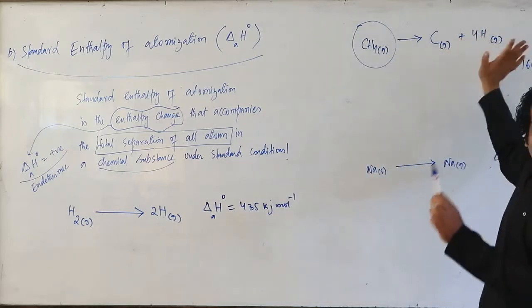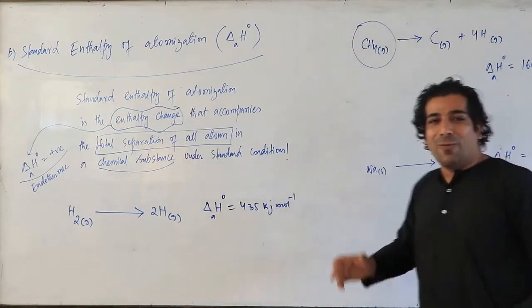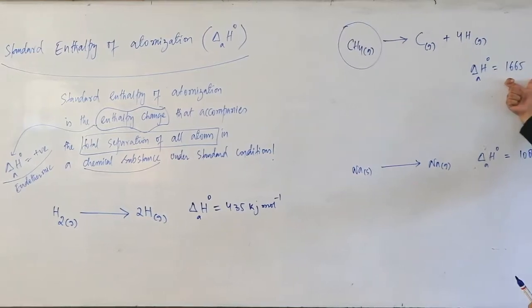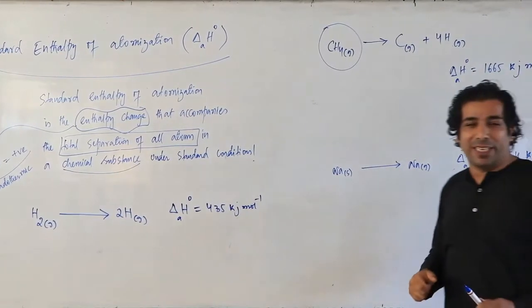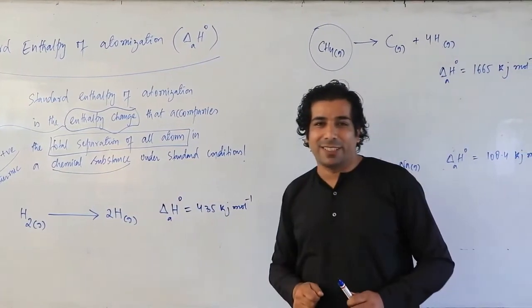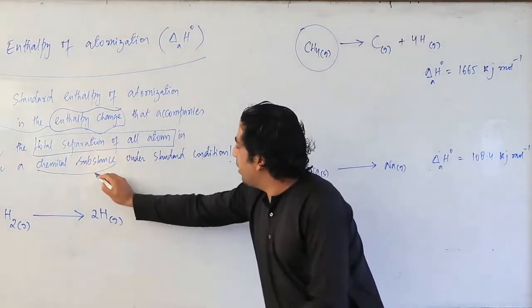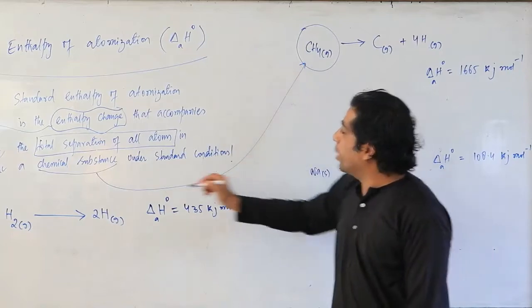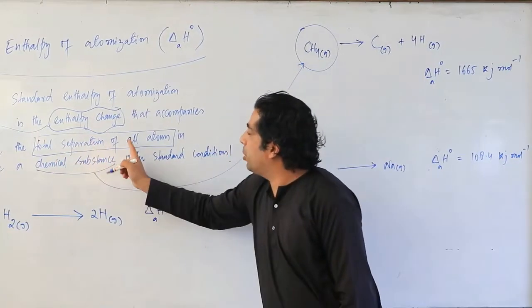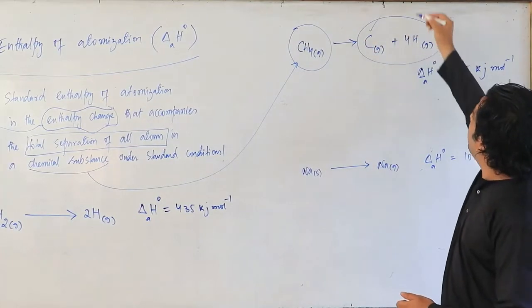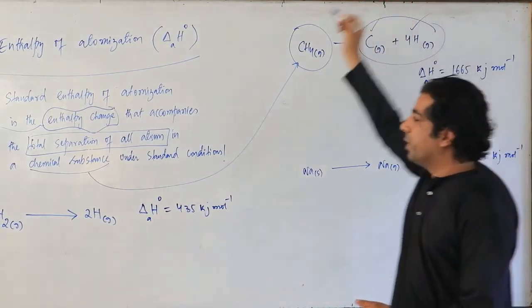You have separated all. And how much energy have you spent here? 1665 kilojoules of energy you have spent, my dear friends, in separating all these atoms. If this is your chemical substance, what you are doing is total separation of all the atoms. Carbon is separated, hydrogen is separated. Yes or no?